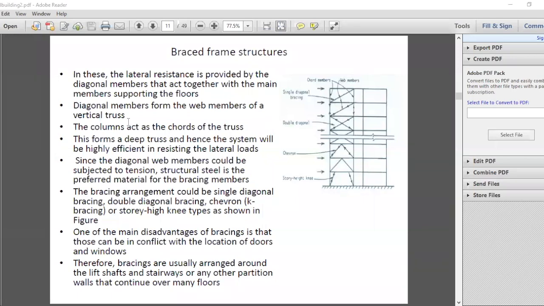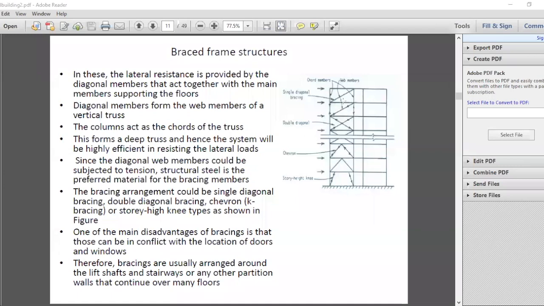So in this system, these columns are equivalent to the top chord and bottom chord of a horizontal truss, and this forms a deep truss, and hence the system will be highly efficient in resisting the lateral loads.